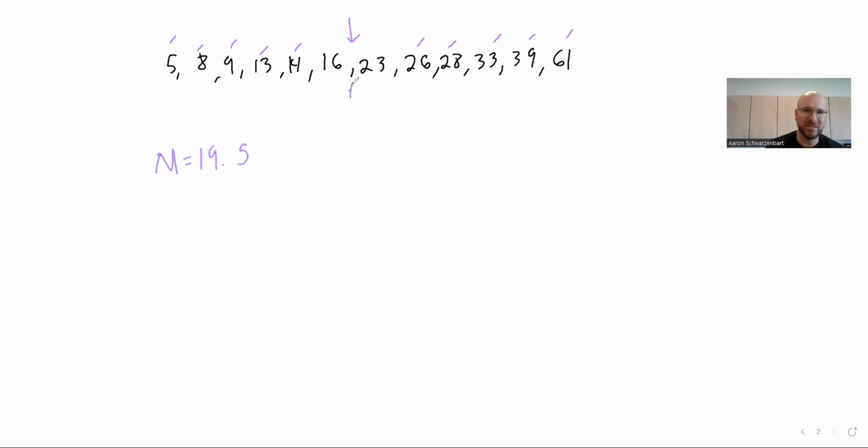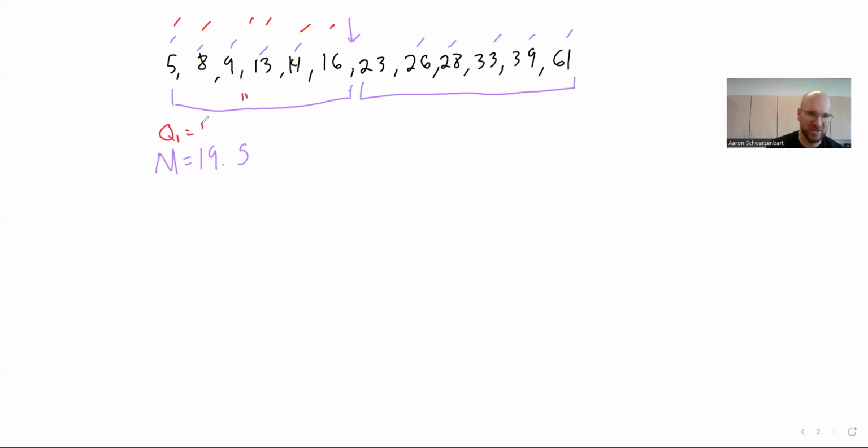Since my median is not included in either half, I'll do the two halves separately. The median is never included in these halves. Now let's do these with a red mark. Halfway between 9 and 13 is 11.